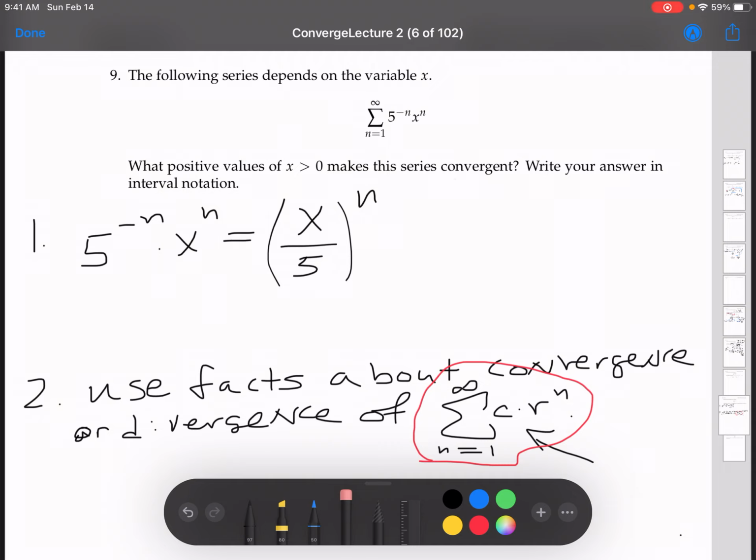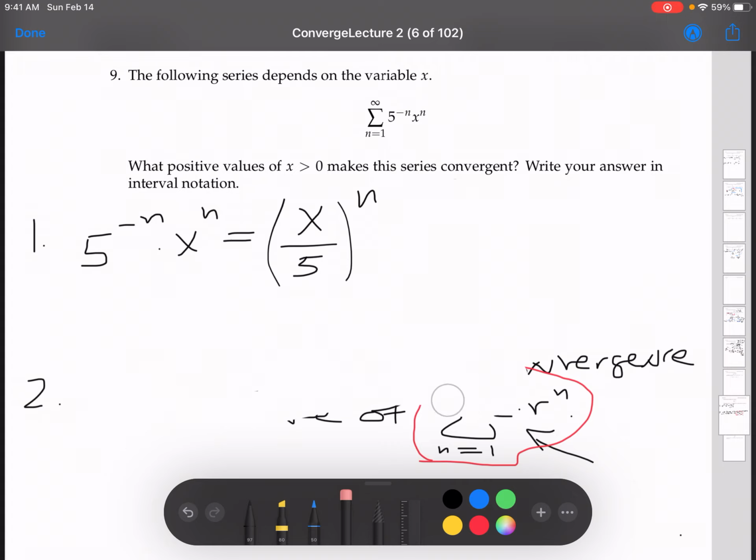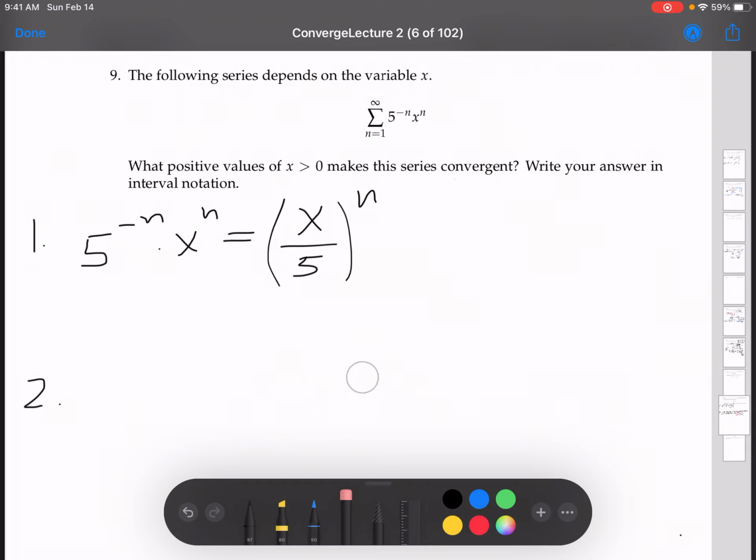So now, step 2, we're going to use facts about the convergence or divergence of the geometric series. So what are those facts? The geometric series converges when r, the ratio, is between -1 and 1, not including -1, not including 1.